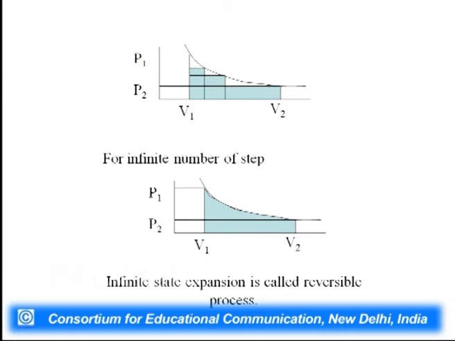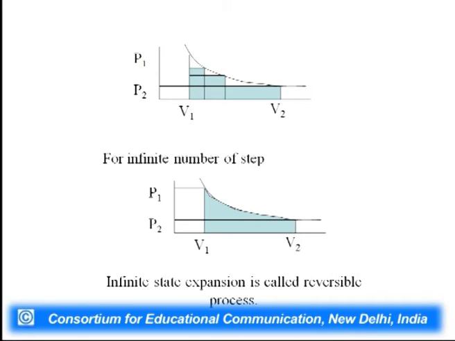Maximum work is only obtained when we go from V1 to V2 in an infinite number of steps, and that kind of expansion is called a reversible process.